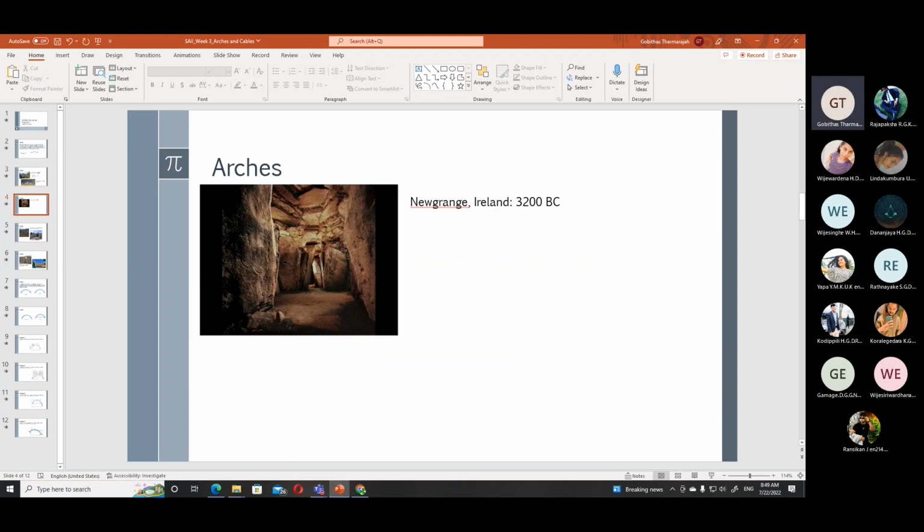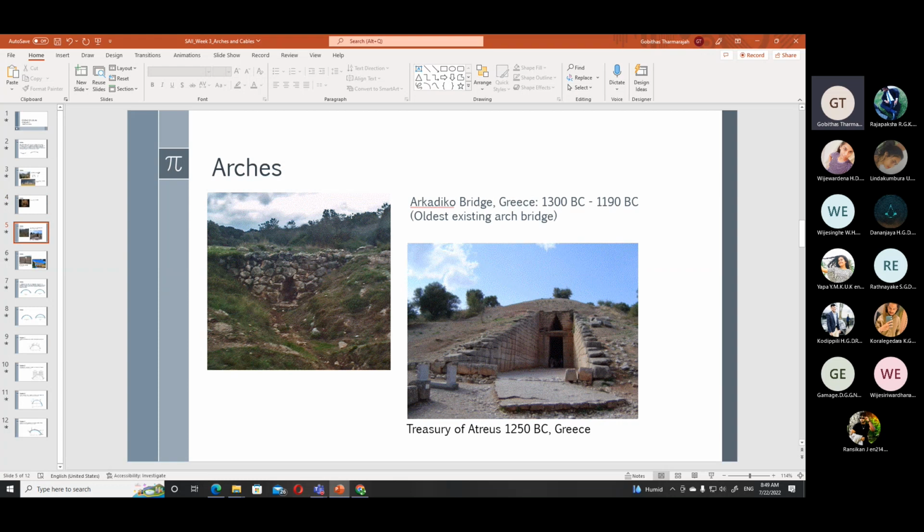So in such a situation, this is another type of early primitive arch that is in Ireland. So then what happens is they started building like this. You can see a kind of trying to formulate an arch like this.